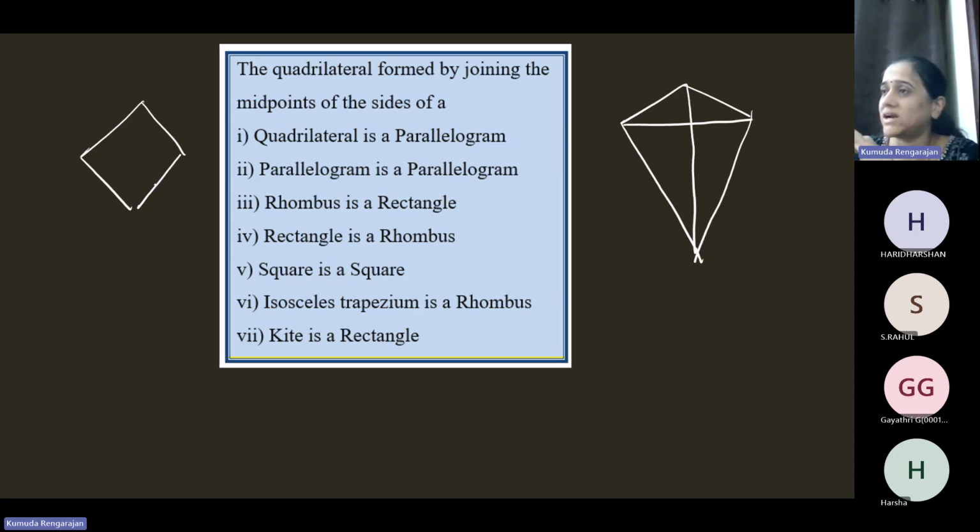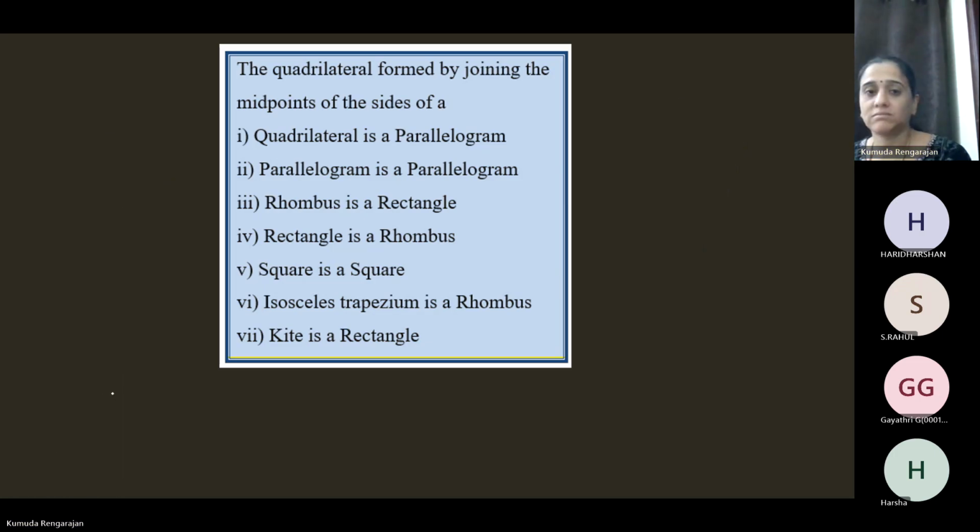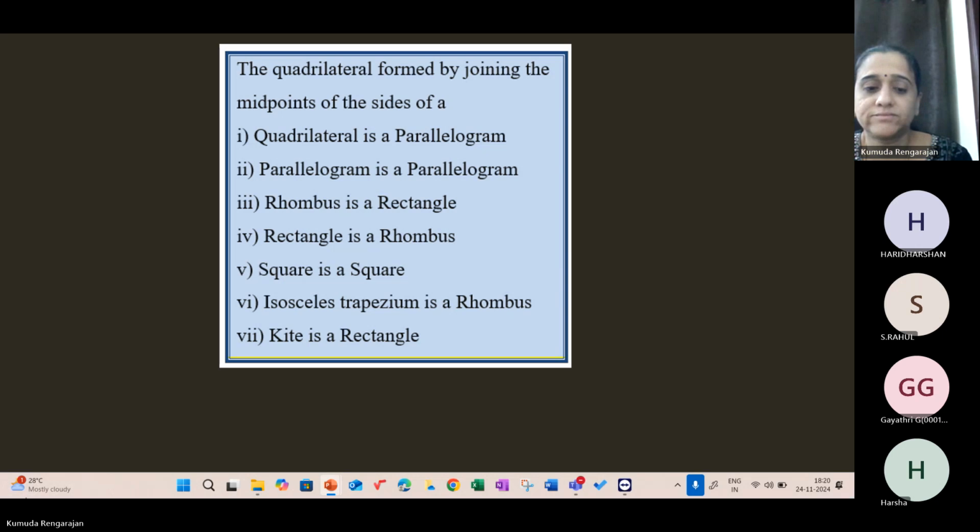They're two different quadrilaterals with different properties, but a kite has a few properties of a rhombus. So the rhombus gives a rectangle, so the kite also gives a rectangle. So kite, rectangle. And then isosceles trapezium, rhombus. Maybe useful for 1 mark.